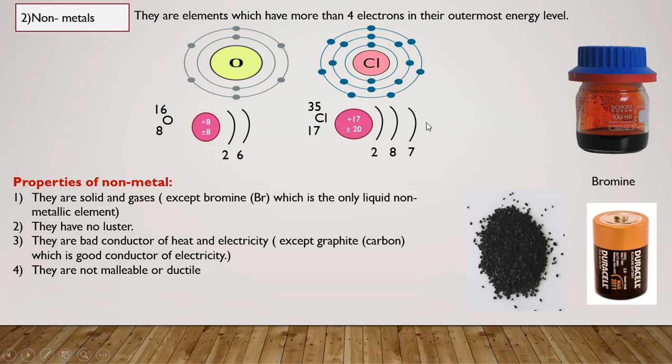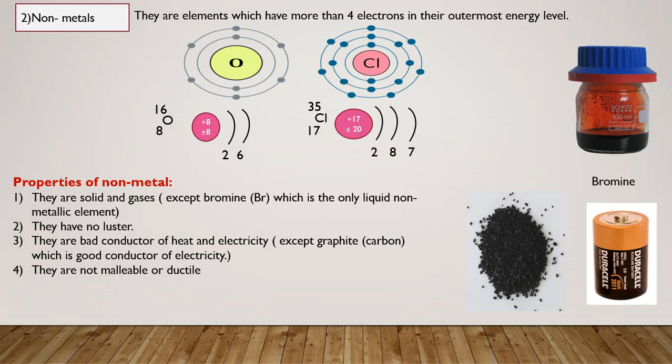Generally, what are the properties of non-metal? The non-metals exist in the 3 states. I have solid non-metal, liquid non-metal, and gaseous non-metal. So they are solid and gases, except bromine, which is the only liquid non-metallic element.